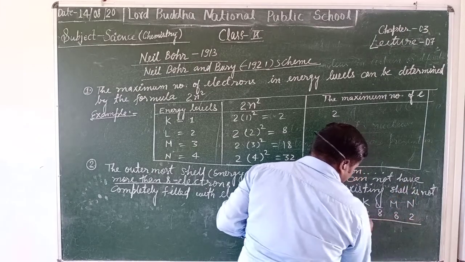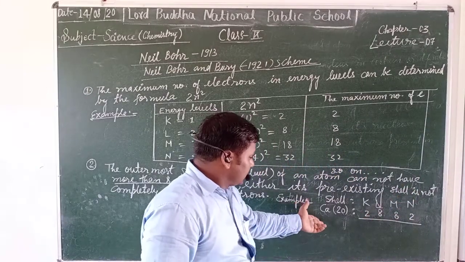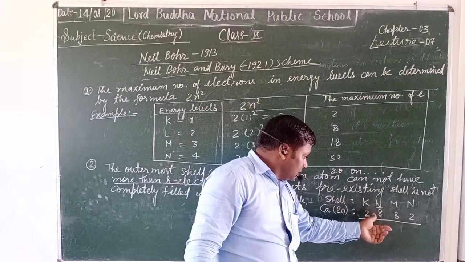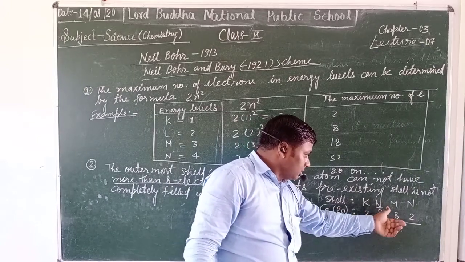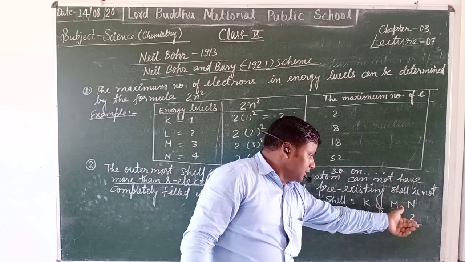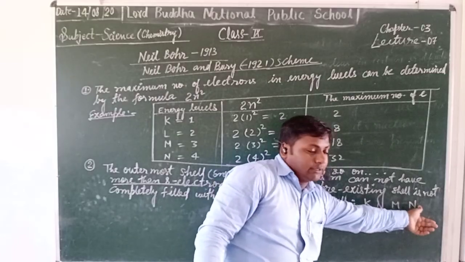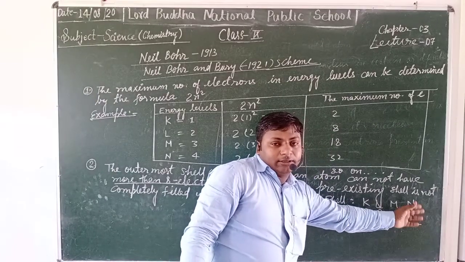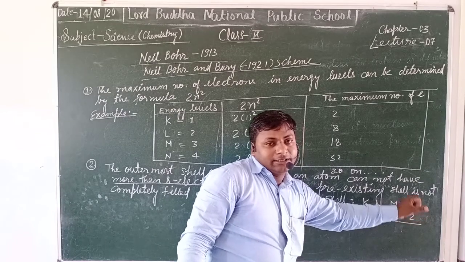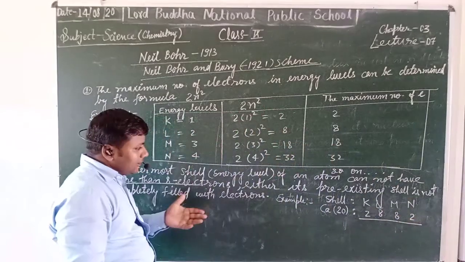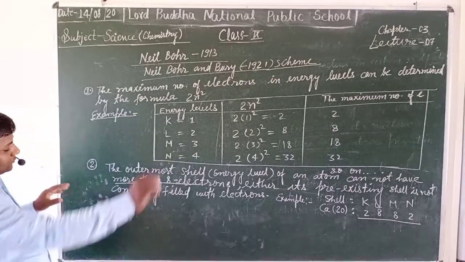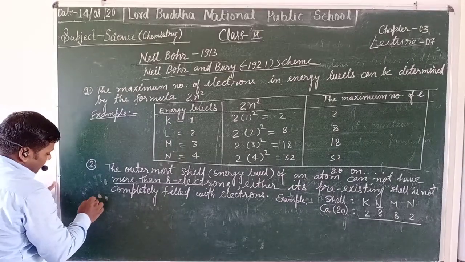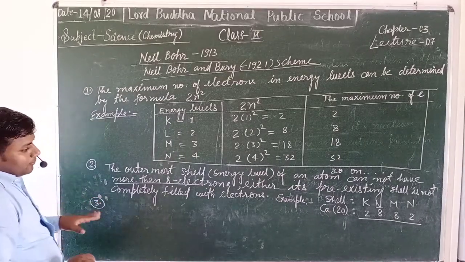Thus, this is the electronic configuration of calcium. Here in the K cell 2 electrons, L cell 8 electrons, M cell 8 electrons, and the remaining electrons are filled in the N cell. This gave another scheme and idea of the Bohr-Bury scheme.